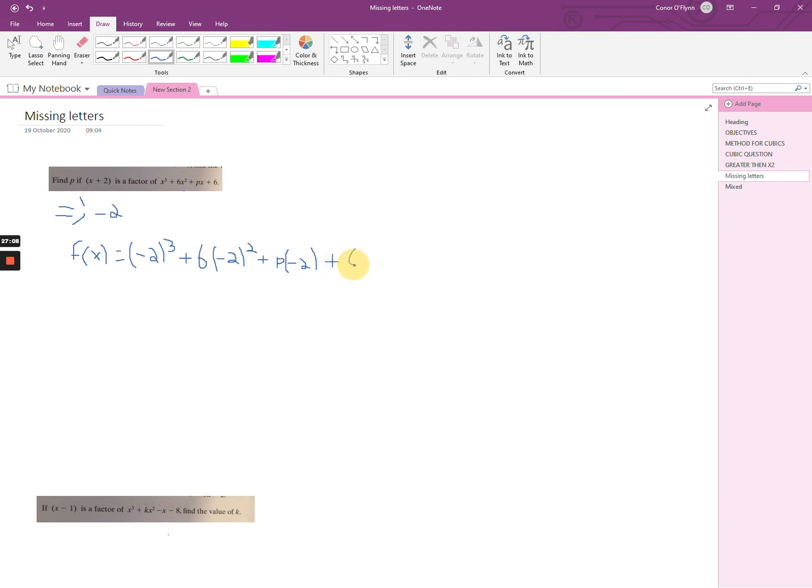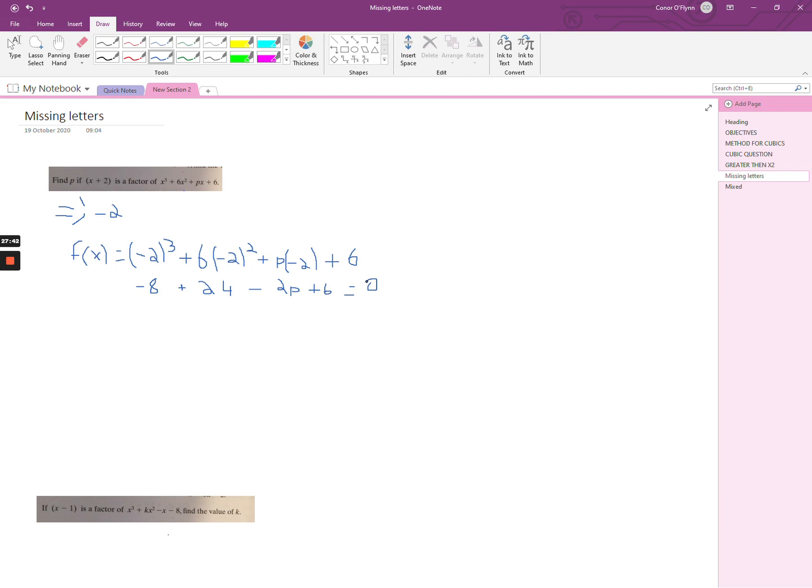We solve for p. Okay, right, so -2 cubed will be -8, plus 24, minus 2p, and plus 6. Now that has to equal 0. So if I put -2 into that function, I get an answer of 0 because -2 is a root. Okay, so we'll tidy this up.